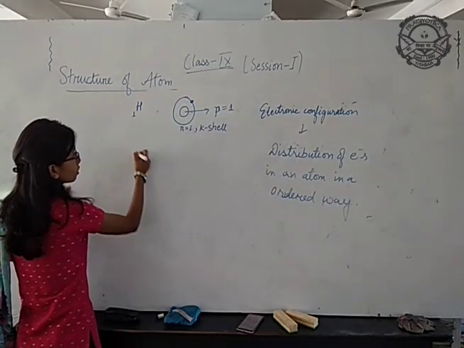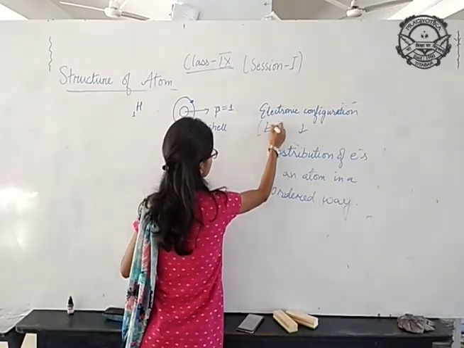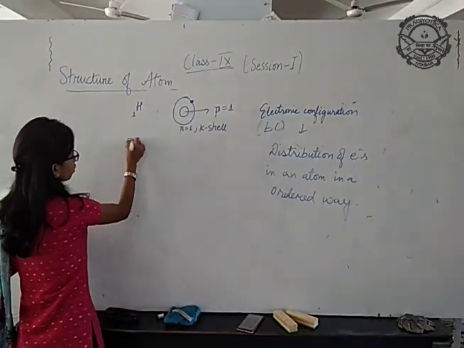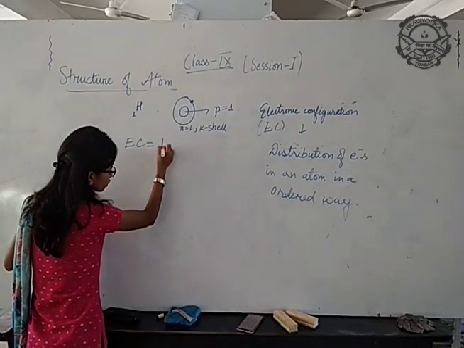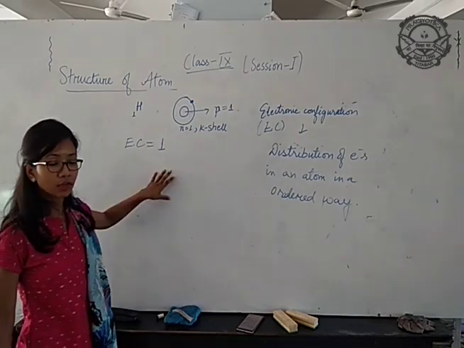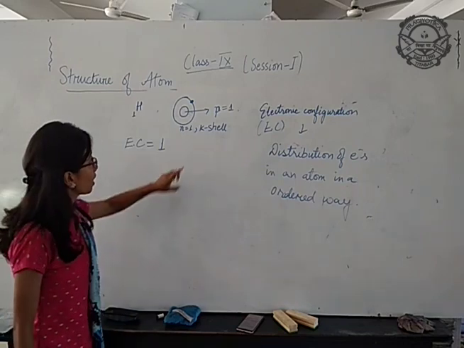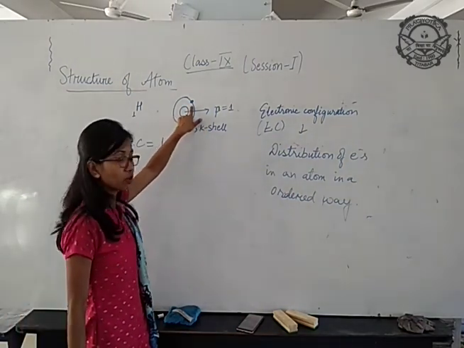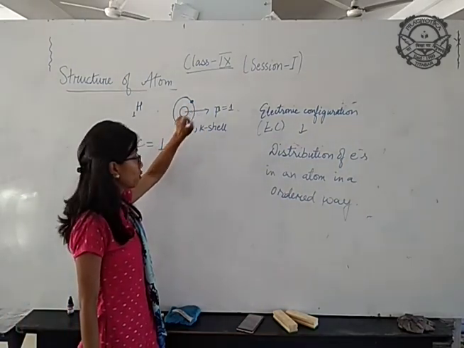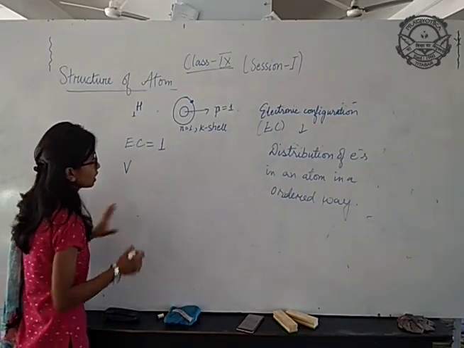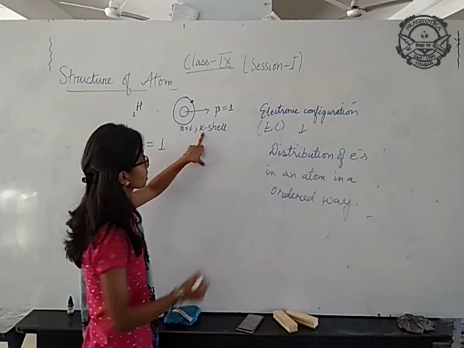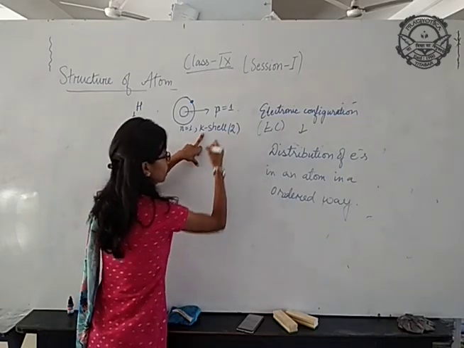Now, the electronic configuration, in short I will write as EC, because it will take a lot of time to write the whole spelling. The electronic configuration for hydrogen will be 1. Since only one electron is present, it will be in the K shell. For its valency, you have come to know that the maximum number of electrons in the K shell is 2.